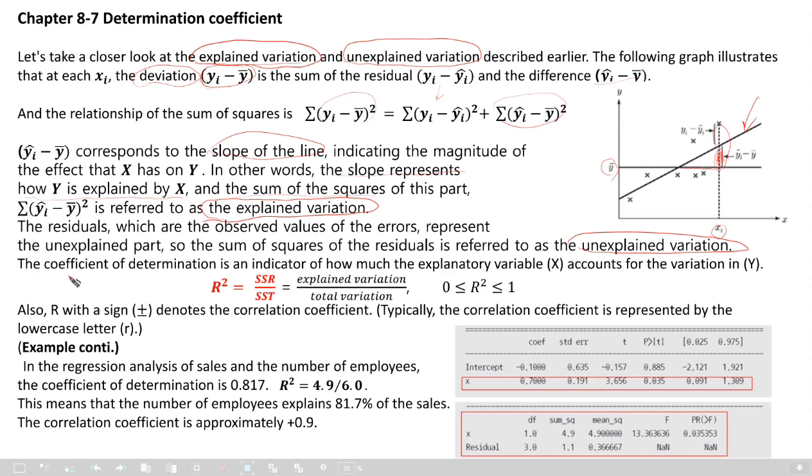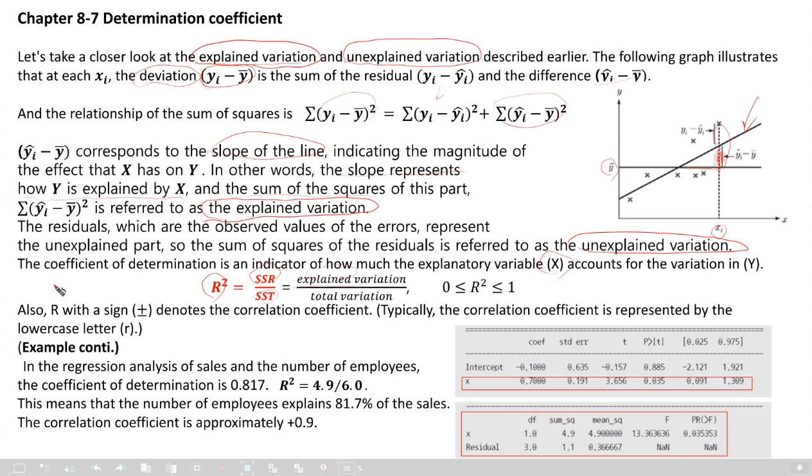The coefficient of determination is an indicator of how much the explanatory variable x accounts for the variation in y. So r squared is defined as explained variation divided by total variation. So SSR, the regression sum of squares, divided by the total sum of squares.